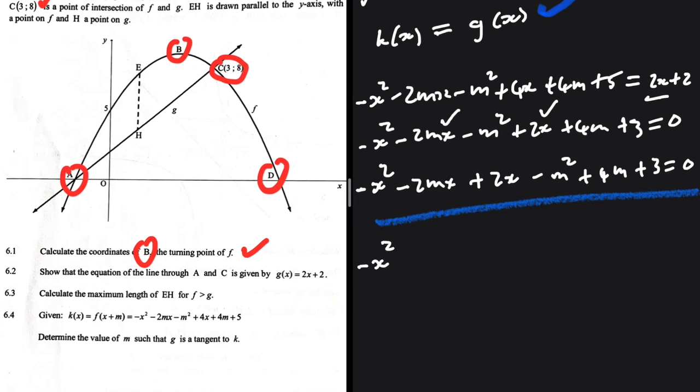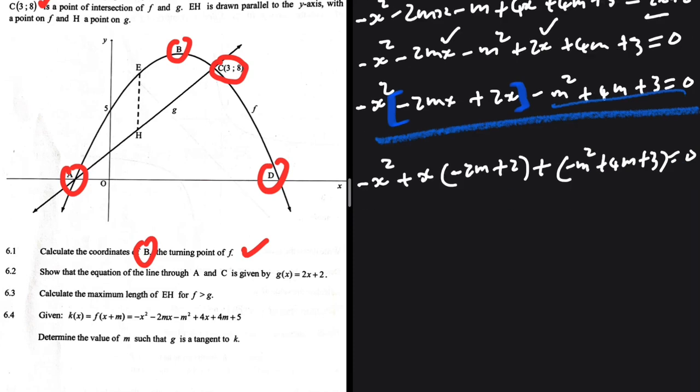Minus x squared, and I want to take x as a common factor from these two terms, so plus x times minus 2m plus 2, and then this is just a constant, minus m squared plus 4m plus 3, equal to 0. So this is A, this is B, this is C.